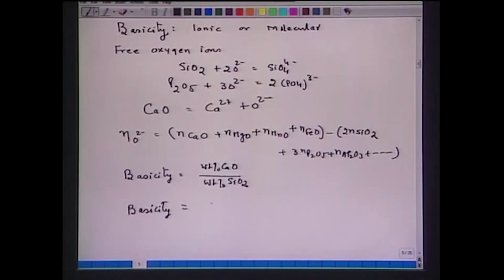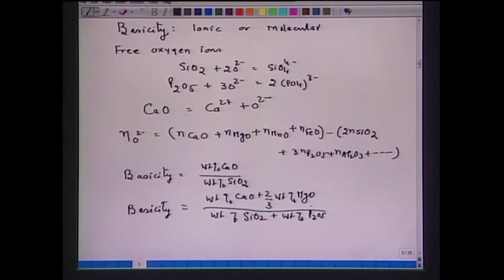That means MgO is not that effective as compared to calcium oxide. In that case, basicity will be defined as weight percent CaO plus 2/3 weight percent MgO upon weight percent SiO2 plus weight percent P2O5.